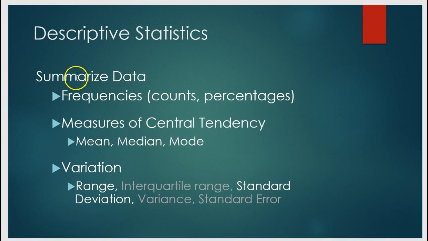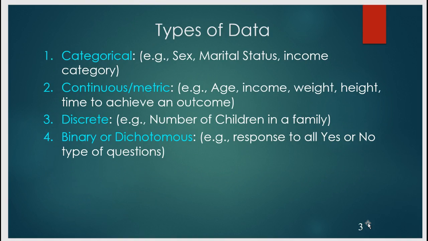So we'll be covering this idea of frequencies, measures of central tendency, and a few of these statistics that help us understand the variation across this data set. And this is for continuous data. So remember, we have categorical data, that data in those categories, which includes categories like strongly agree, strongly disagree, in addition to these you see up here.